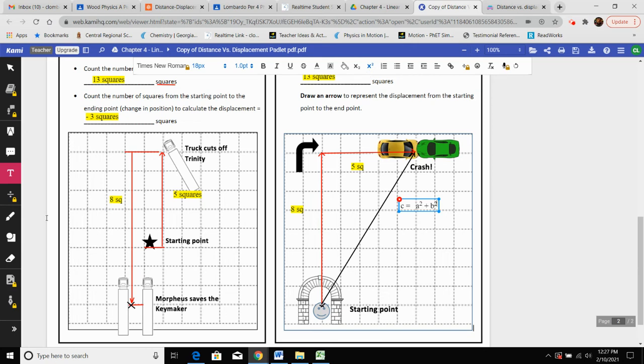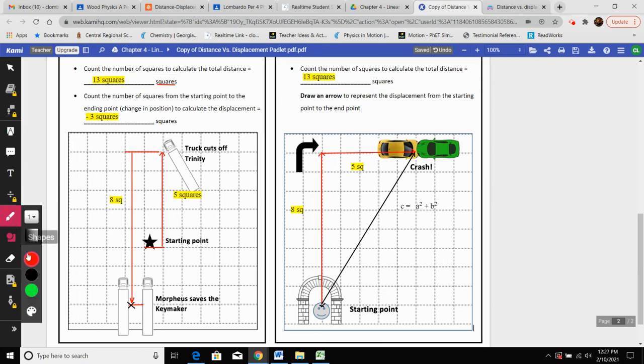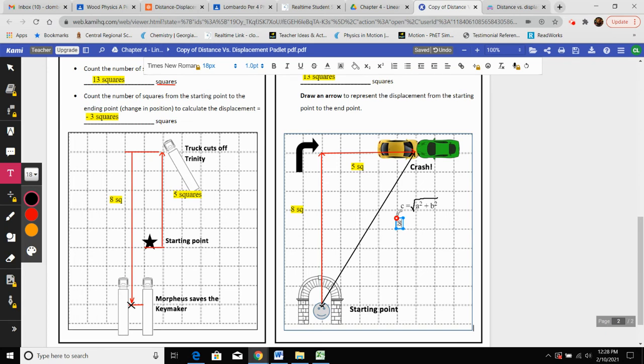On this graph you can't really do that, so we're just going to use a drawing tool there to give us our little line. So we have our values 8 and 5. So we're going to have 8 squared plus 5 squared.